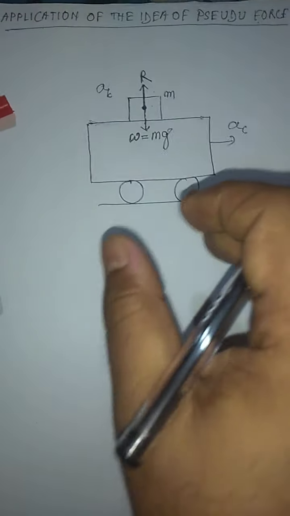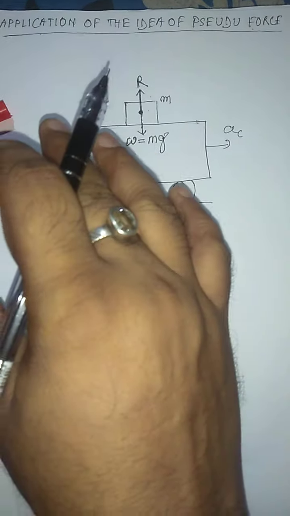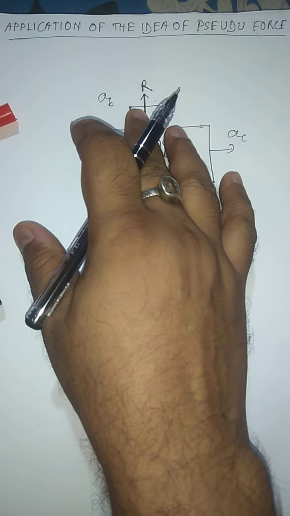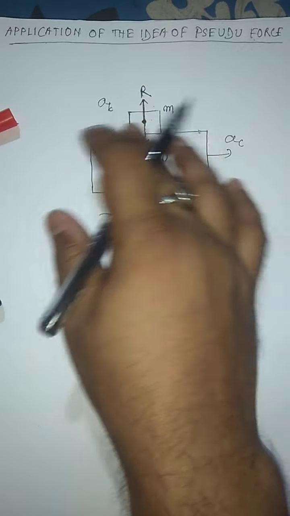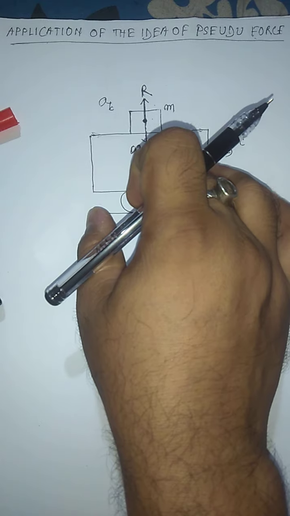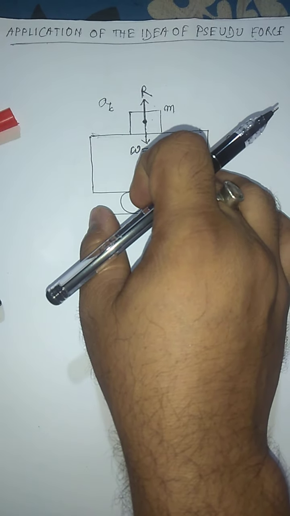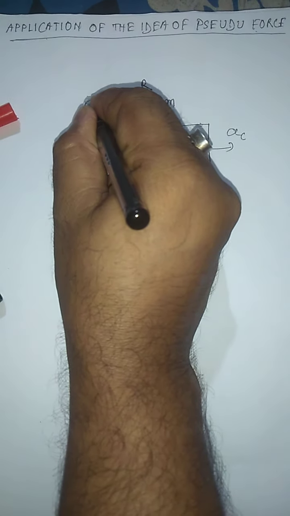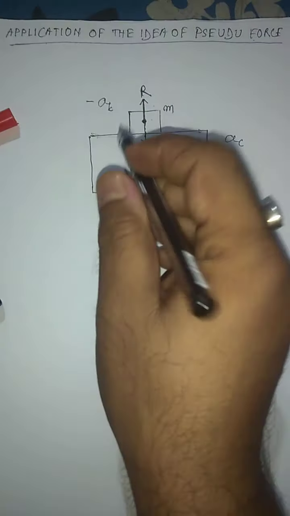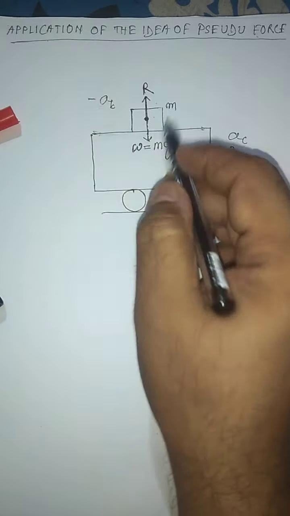Now let's assume that any vector directed to the right is positive and any vector directed to the left relative to this cart is negative. So we put a negative sign for the acceleration of this block.